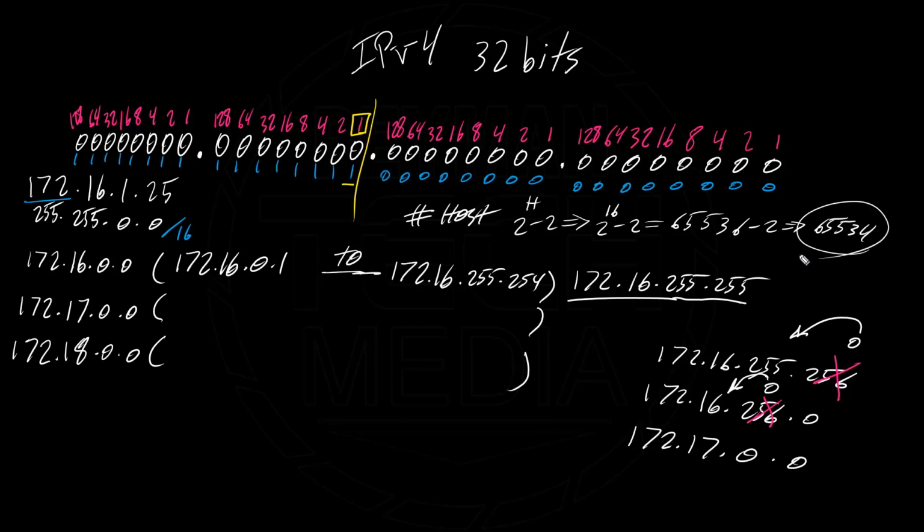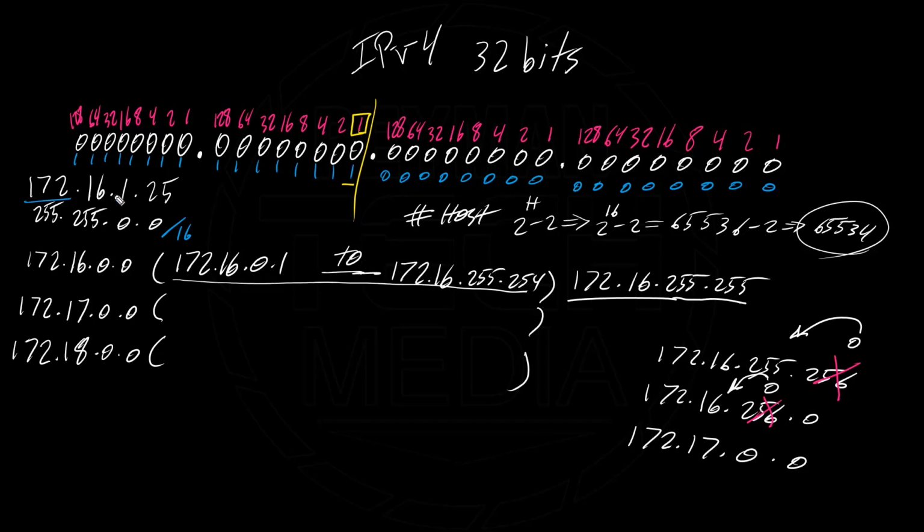So that's how many available IP addresses in class B default subnet mask. So this is class B, that's the available IP addresses. 65,534 available IP addresses in class B.